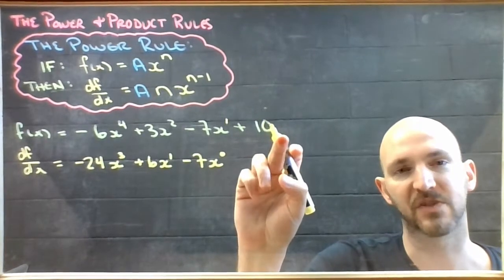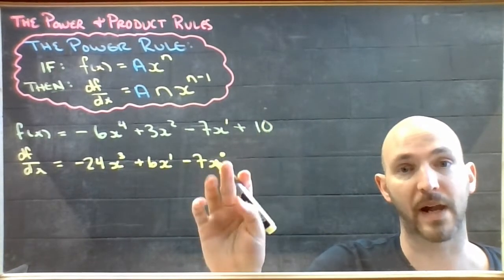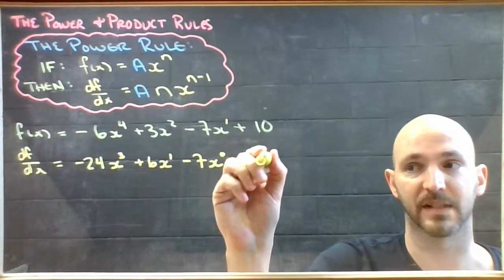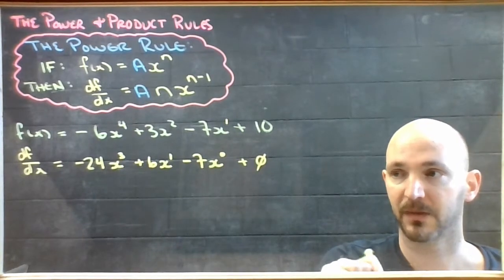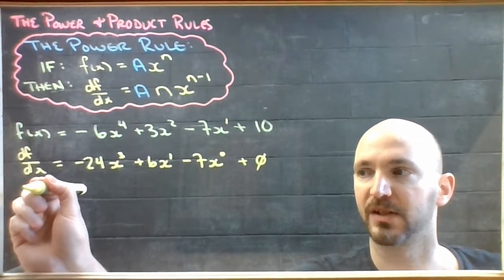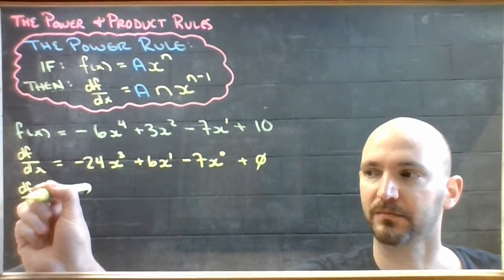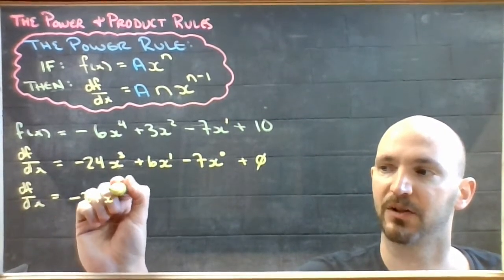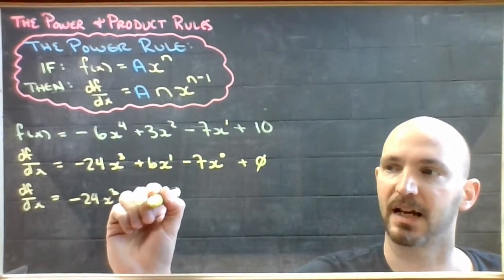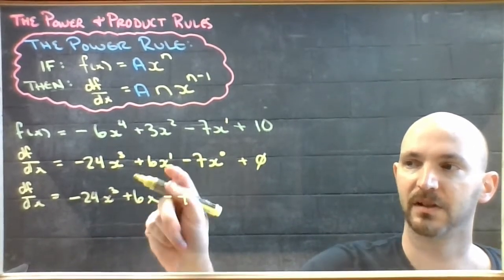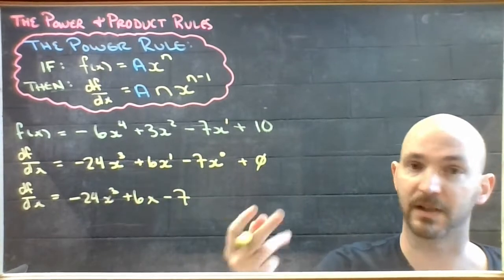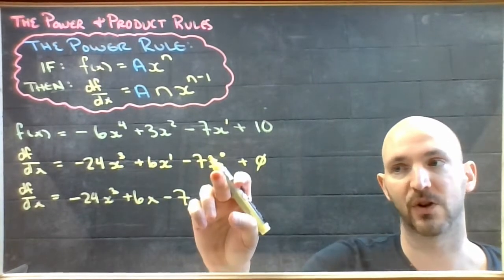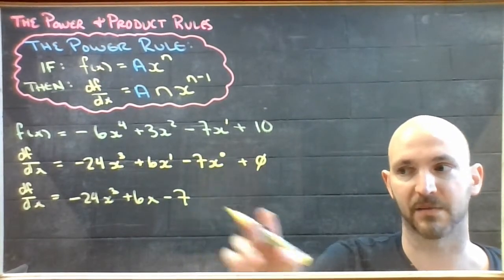And this thing is just a constant. With no x attached, its derivative is 0. So if I'd like to use one more line just to clean it up, the derivative of this is negative 24x cubed plus 6x minus 7. I don't need to write x to the 1. I can just write x. And I don't need to write this at all if it's x to the power 0.